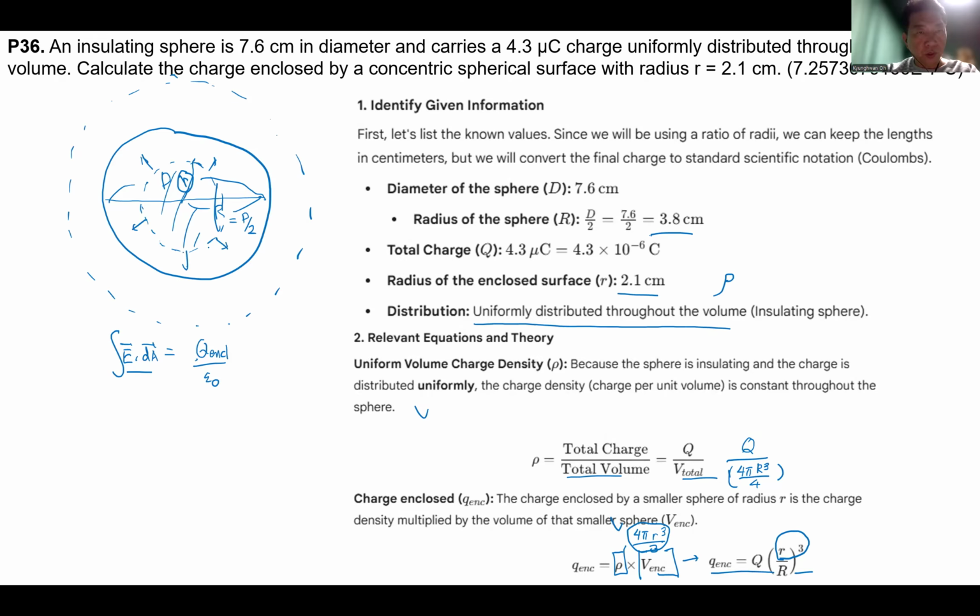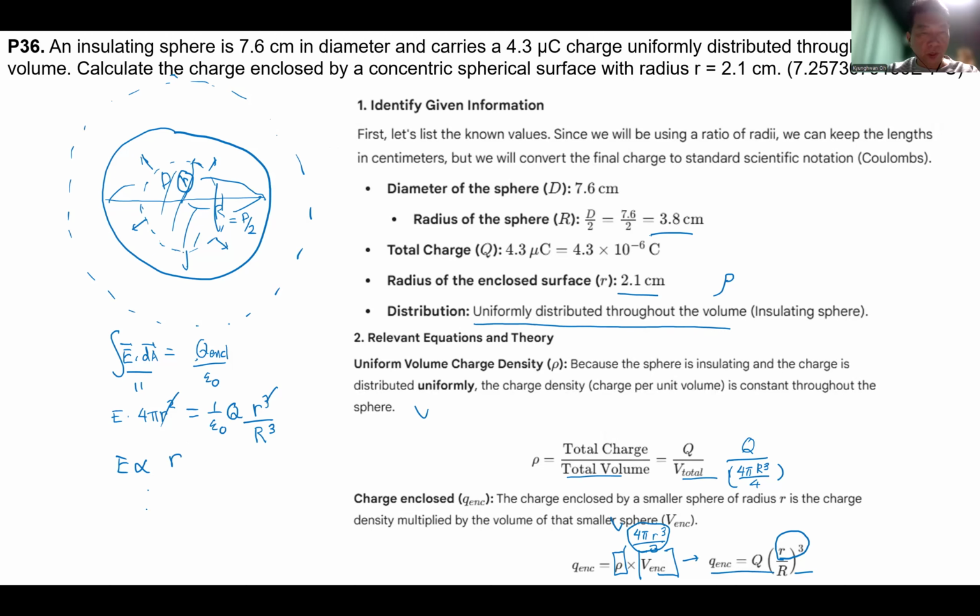So it should be radial, so that you get E times 4 pi small r squared is given by 1 over epsilon naught, Q times r cubed, or capital R cubed. Such that E is now proportional to r, since r squared cancels.